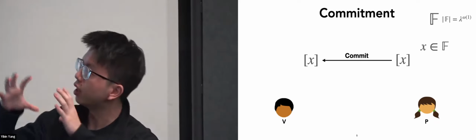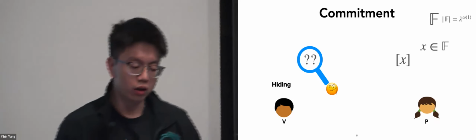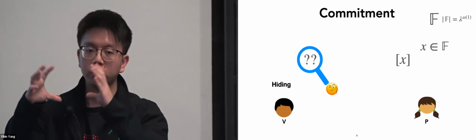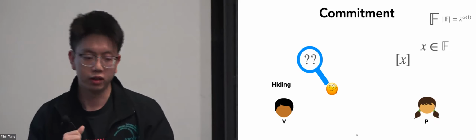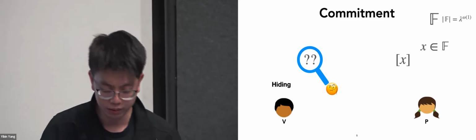You just put it inside this box and send it to Bob. Bob, seeing this box, should know nothing about what is committed by Alice. This is called the hiding property, meaning that Bob doesn't know what is committed by Alice.